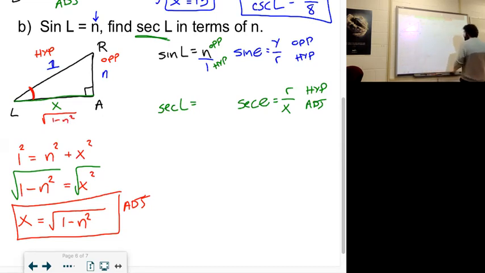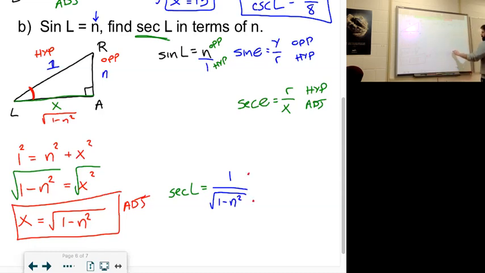Now I can take this information and start working on my secant of L calculation right now. So secant of L is going to be equal to the opposite, or excuse me, the hypotenuse, which is 1, divided by the adjacent side length, which is the square root of 1 minus n squared. And we don't like that because there's a radical in the denominator. So what we're going to do is rationalize here, multiplying by root 1 minus n squared over root 1 minus n squared.